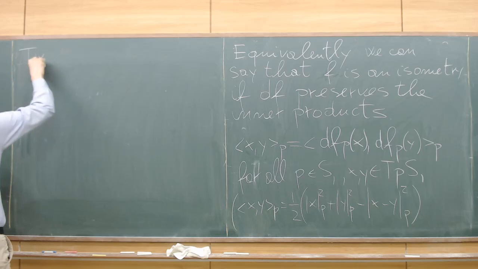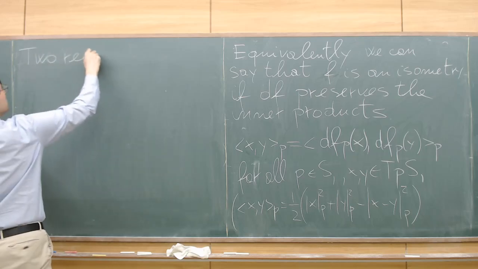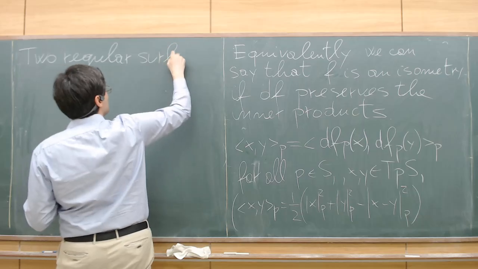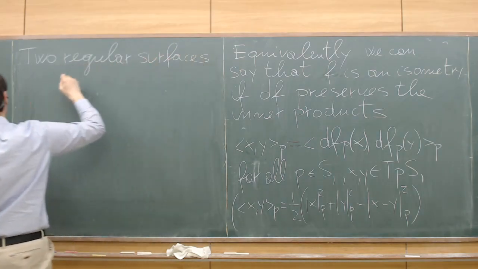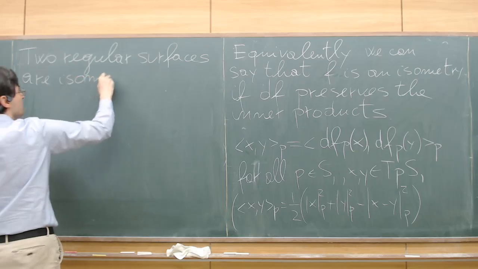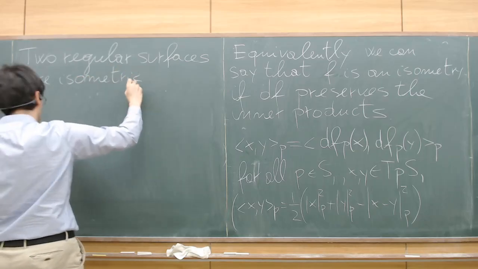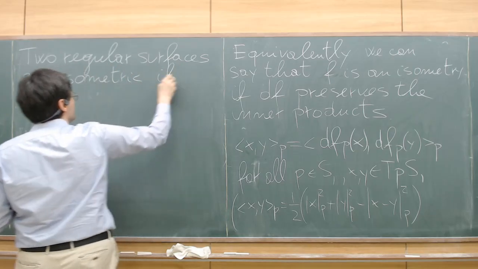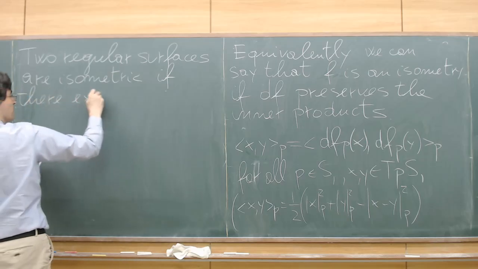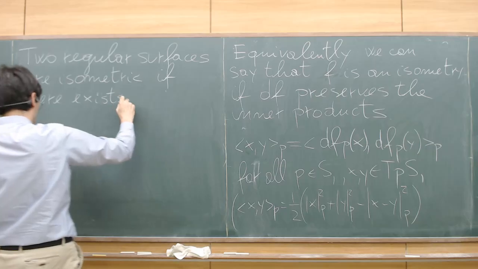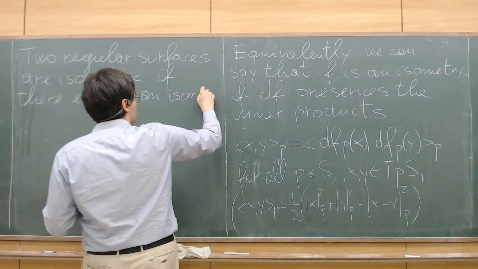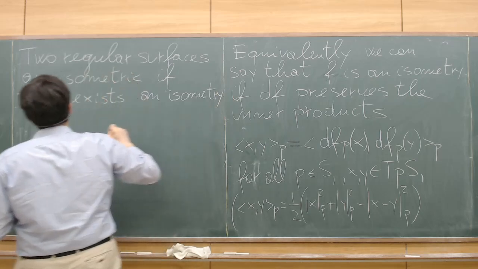So two regular surfaces are isometric if there exists an isometry between them.